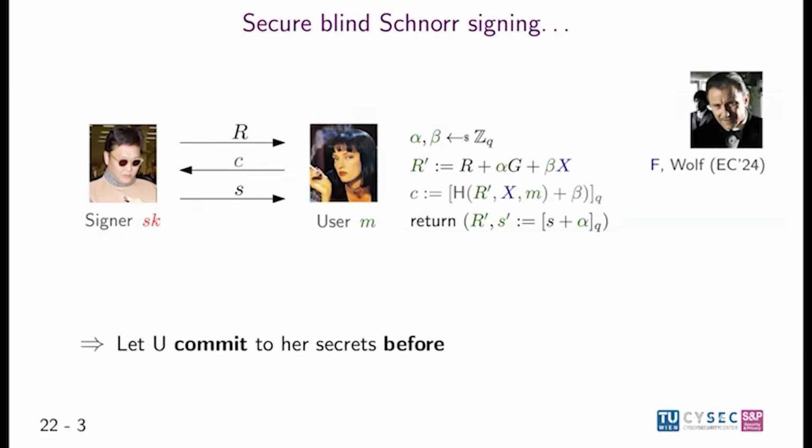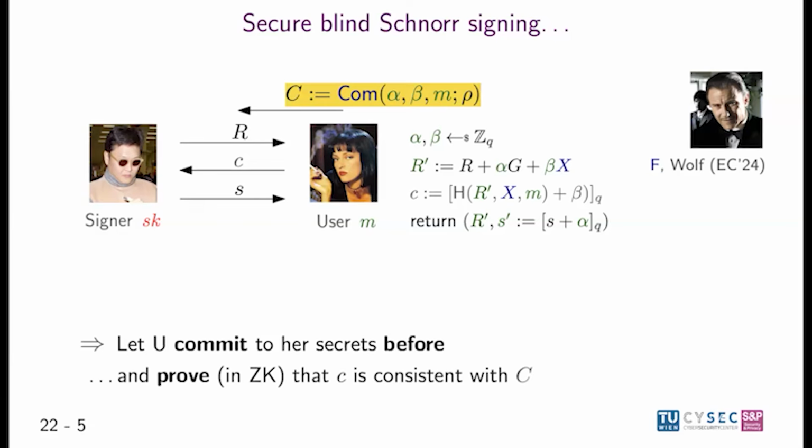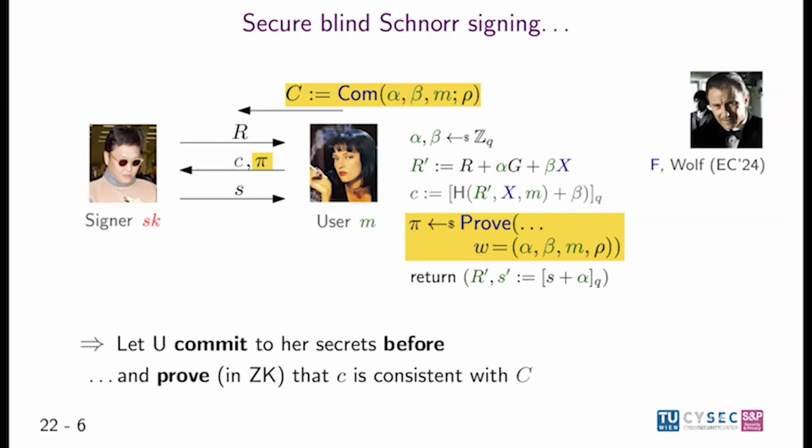The idea was that in a first round, the user commits to all her randomness, right? To the blinding values and her message. And then when she sends this challenge C, note that now once the randomness is committed, this challenge C is determined by the randomness and the value R, right? So if you prove that the C is well formed with respect to the things that you've committed, then there's only one C that you can send, and that breaks the attack.